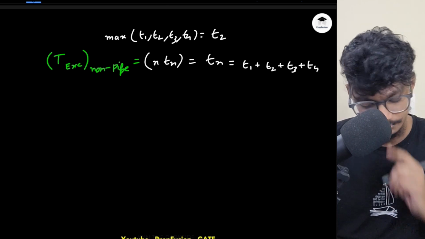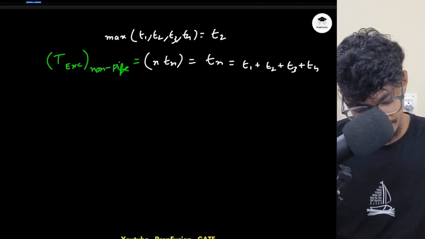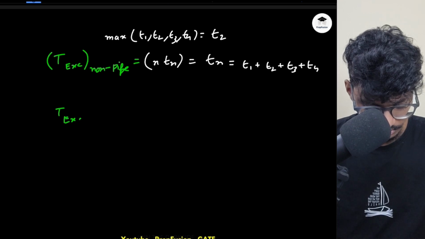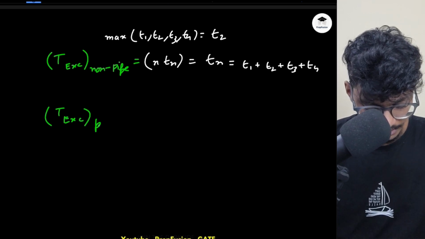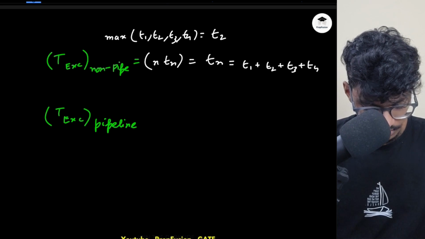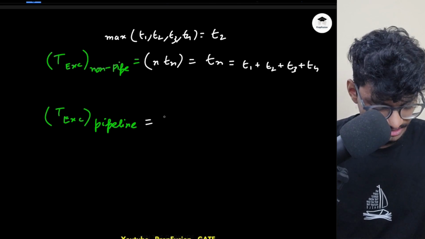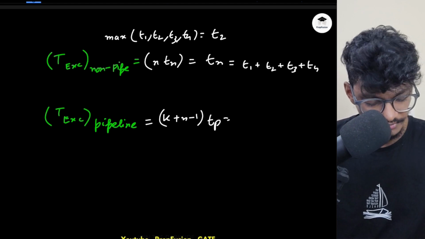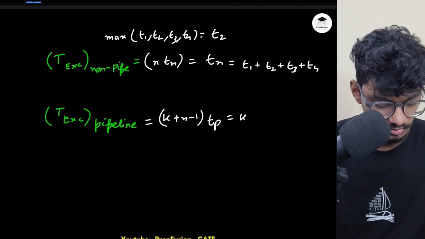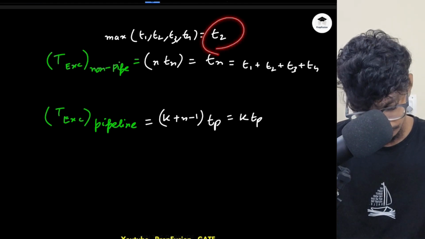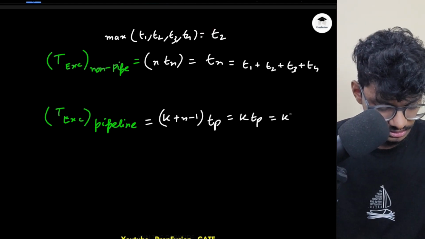Just my assumption. Okay. The same thing, T execution for a pipeline system, generally the formula is K plus n minus 1 into Tp, but for a single instruction n will be 1, so it will be K times Tp, and Tp is simply T2. It will be K times T2.